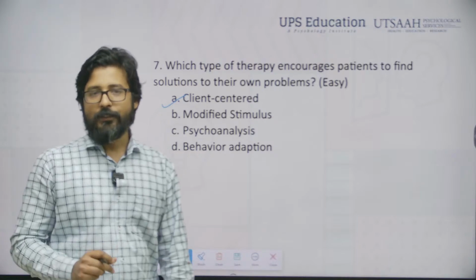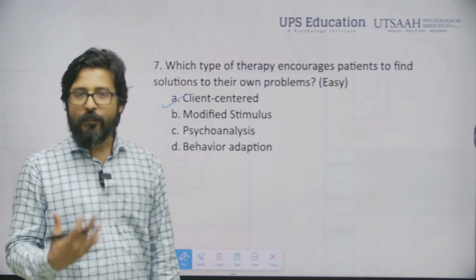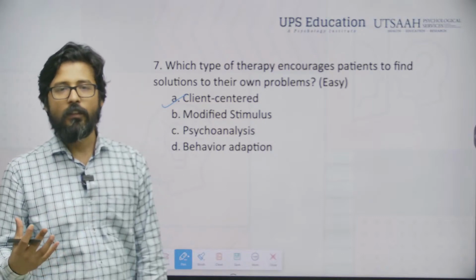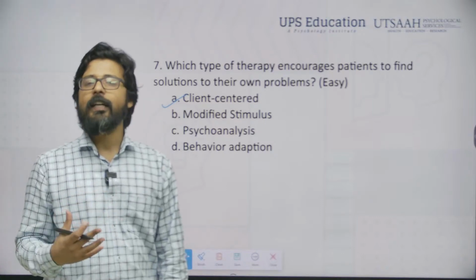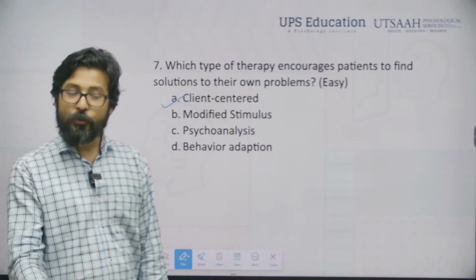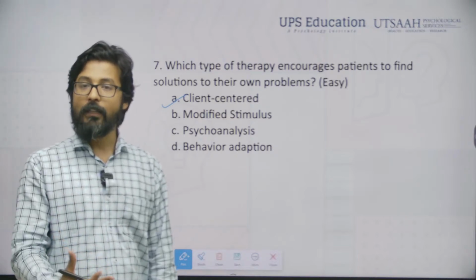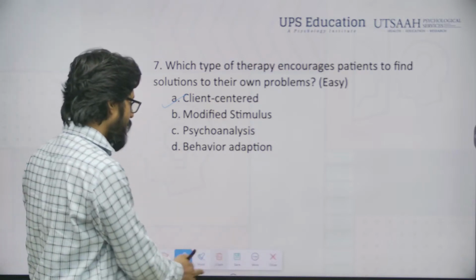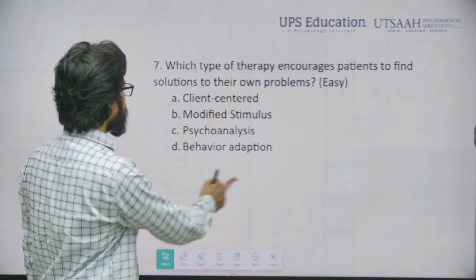This type of therapy that encourages patients to find solutions to their own problems is client-centered therapy. So we are helping our client to find a solution to their own problem by themselves, right? That is client-centered therapy. That will be the right answer.